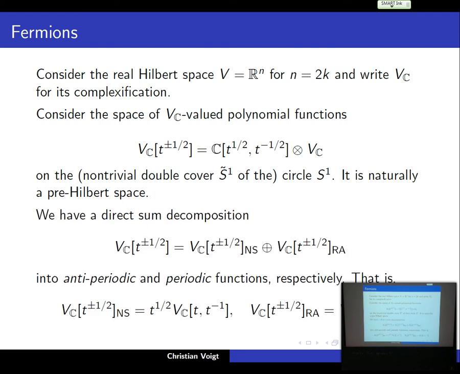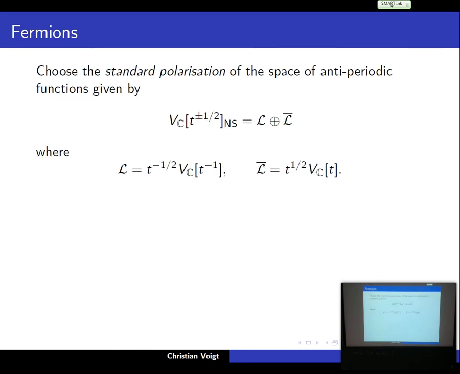So what you get is this decomposition of your state space into periodic and antiperiodic functions. Starting from that, one can build a vertex algebra. One has to choose a polarization, and the way to do that here is to pick positive and negative Fourier modes.